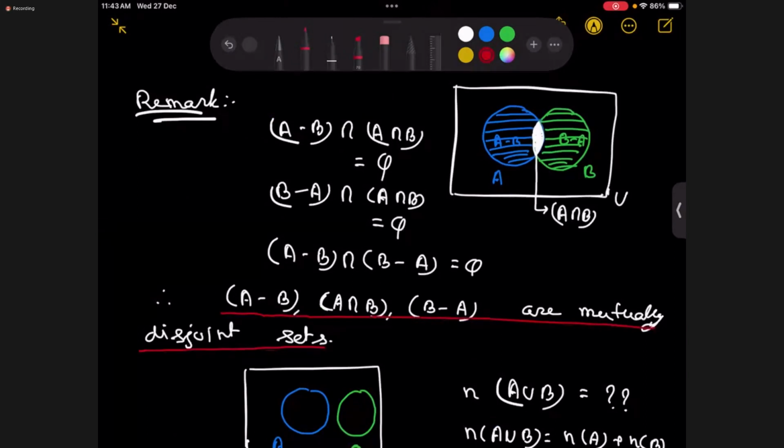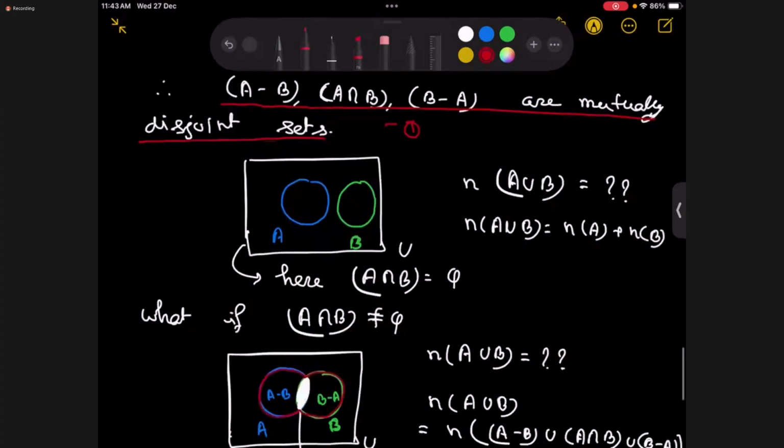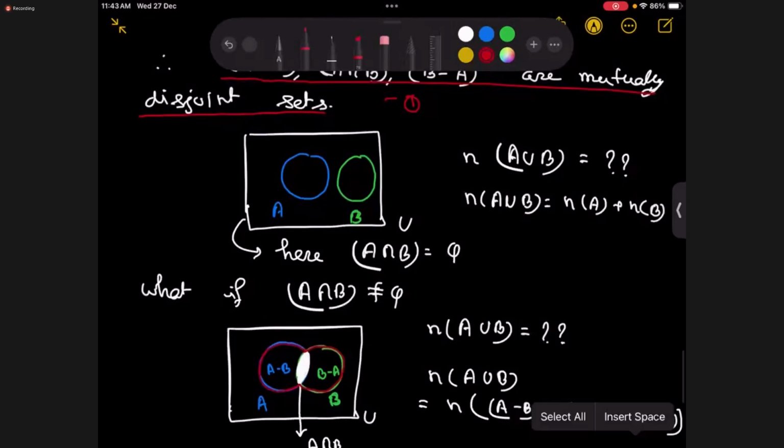This is our remark 1, and already we have proved that if A intersection B equals the empty set, then the cardinality of the union is the sum of the cardinalities. This is our remark 2.